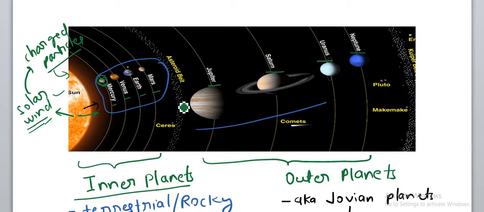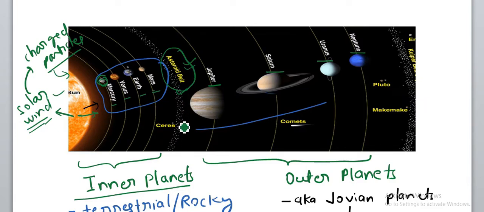And here you are seeing the asteroid belt. The asteroid belt is present between Mars and Jupiter, right? The asteroid belt has billions of asteroids, and these asteroids are like rocks. Small and big rocks between the orbits of Mars and Jupiter, and it is believed that these are basically the remnants of some planet.